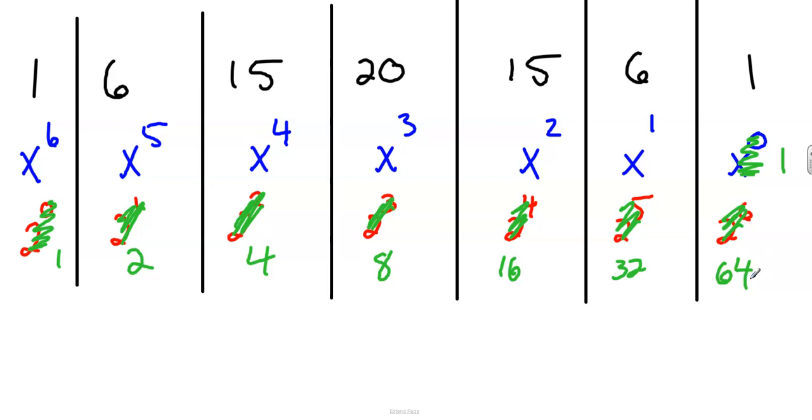Okay, and now here comes the math part. Multiply everything together. 1 times 1 is 1 times x to the 6 makes that one x to the 6.